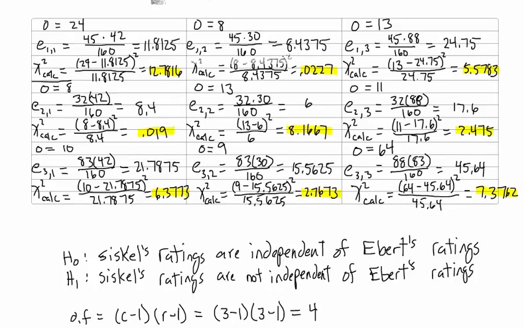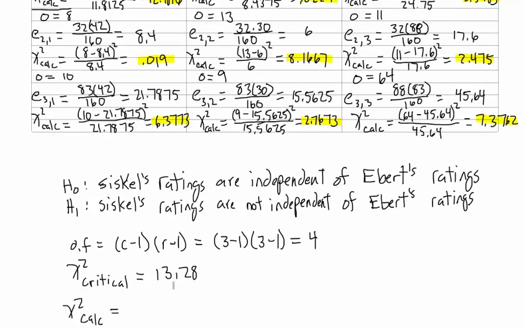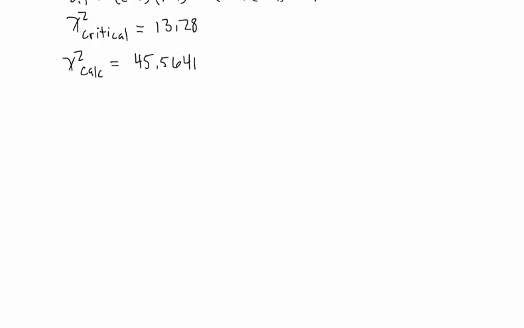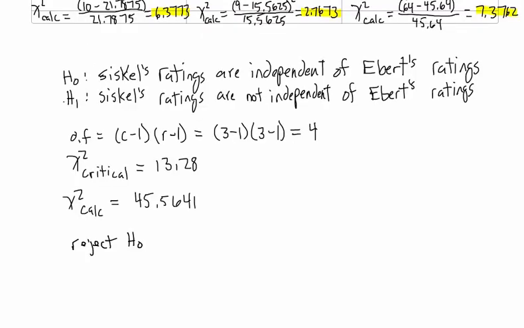And when we add up all these calculated values, we get a total of 45.5641. And because our calculated value is greater than our critical value, we're going to reject H naught, which means that we're saying that our alternative hypothesis is correct, which means that Siskel's ratings are not independent of Ebert's ratings.